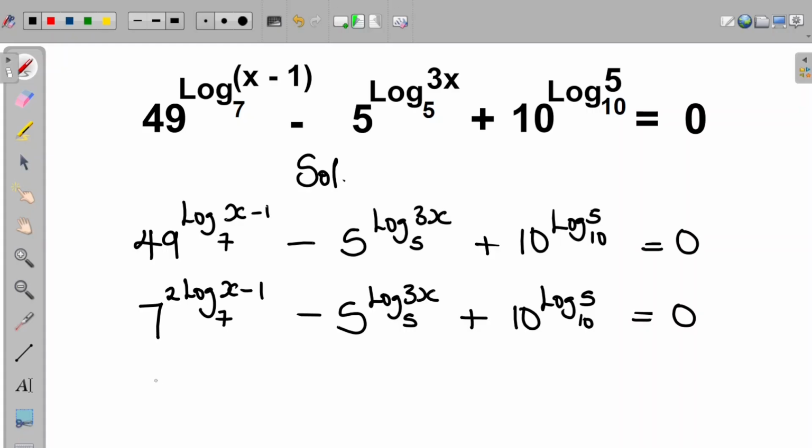Now at this point, recall that n multiplied by log m to base b can also be expressed as log m all raised to the power of n to base b.